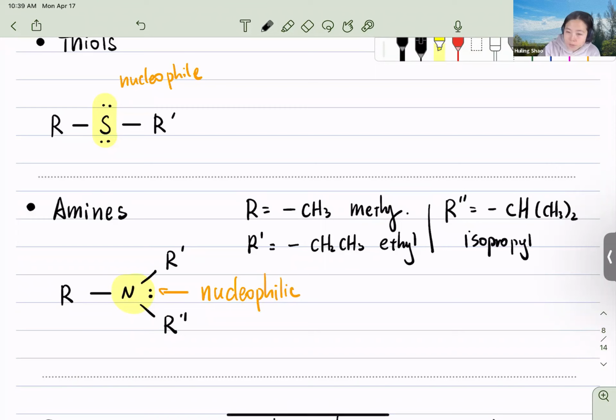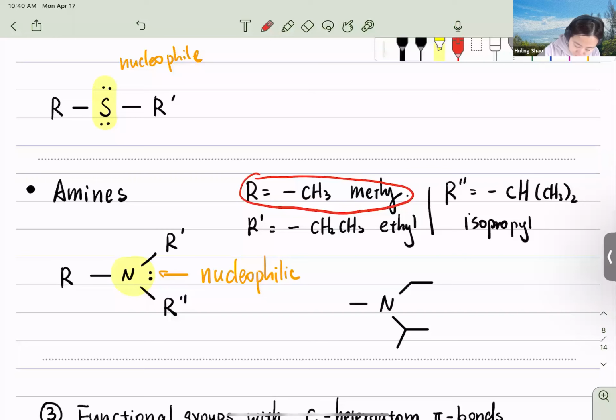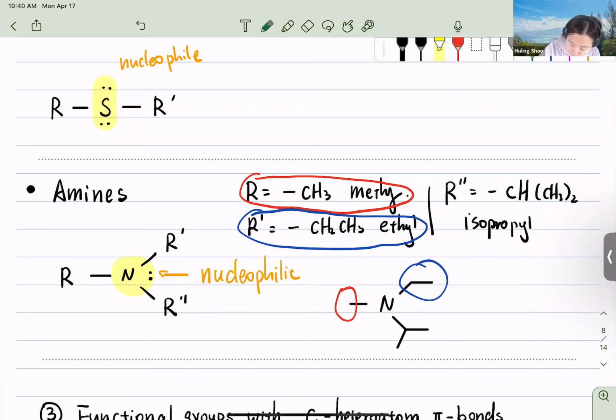So what is the actual bond line formula of this amine? We have nitrogen, and here R equals methyl, R prime equals ethyl, and R double prime equals isopropyl. So R is just a general form for any alkyl group.